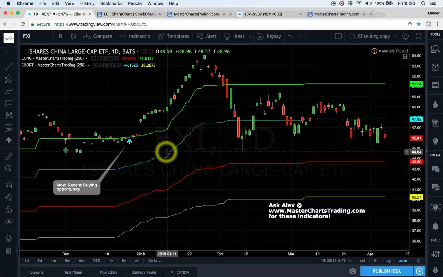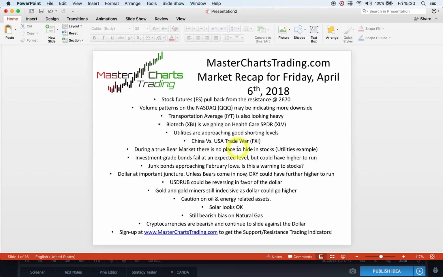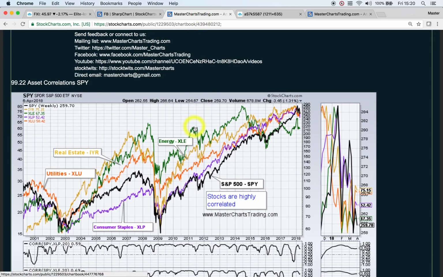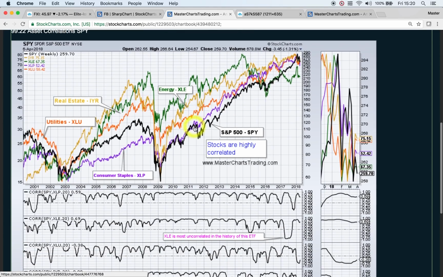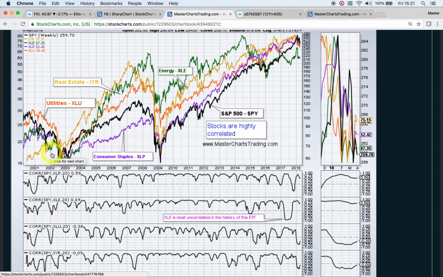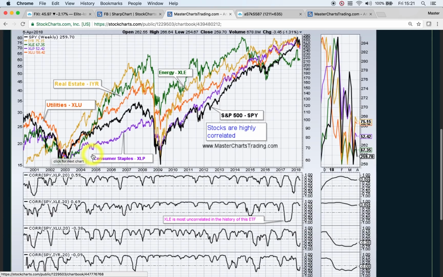Okay, during the true bear market in stocks, there is no place to hide, and this is what I mean. Let me show you what I mean. So once again, correlations between various stock funds are very high. Here on this chart, we have 5 different funds.